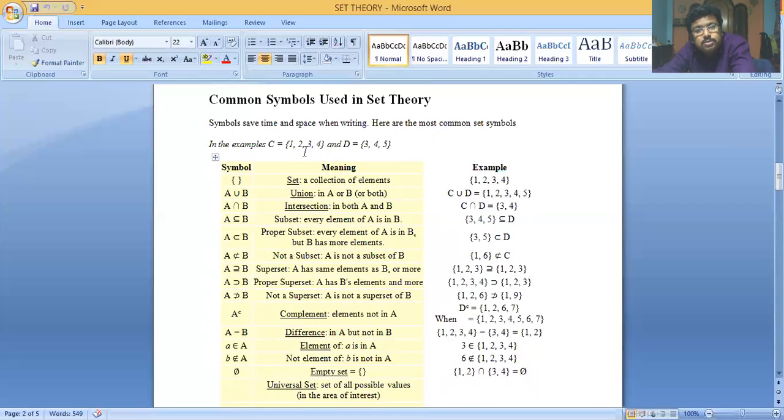The common part, the elements which belong to both A and B sets, which belong to both C and D sets in this example. So 3 and 4 belong to C as well as D.